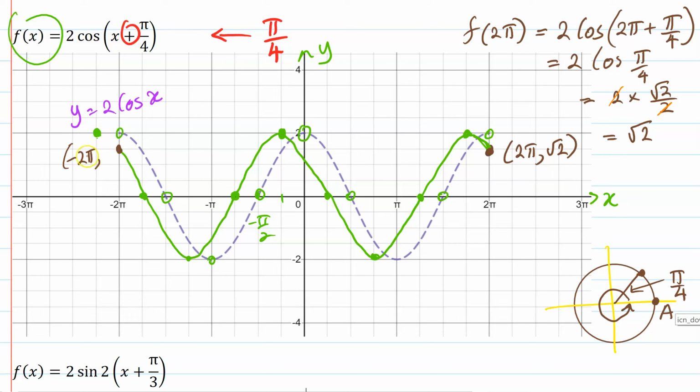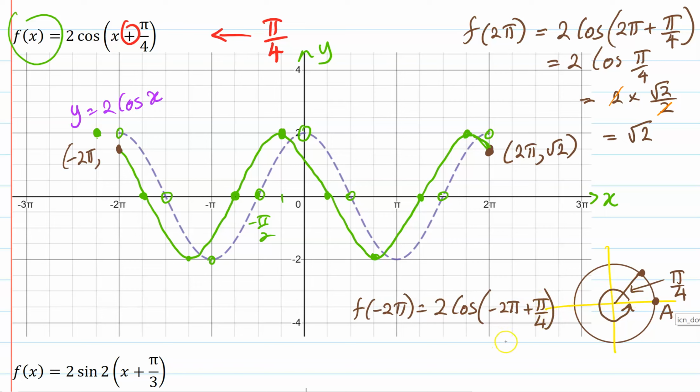Now have a look at the left hand side for negative 2 pi then. So again here, f of negative 2 pi is exactly the same, is 2 cos of negative 2 pi plus pi on 4. This becomes pretty familiar to us now. Negative 2 pi means going clockwise 2 pi and then go anti-clockwise pi on 4. That's what it says.